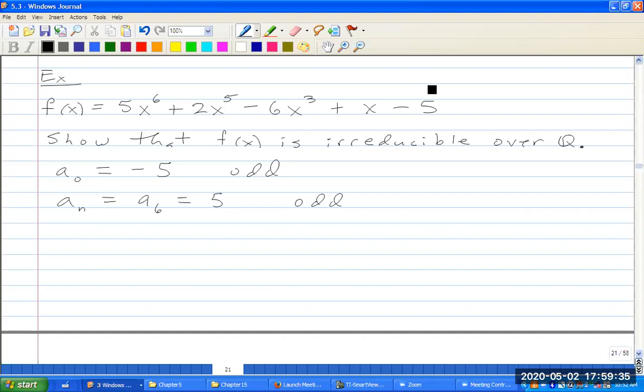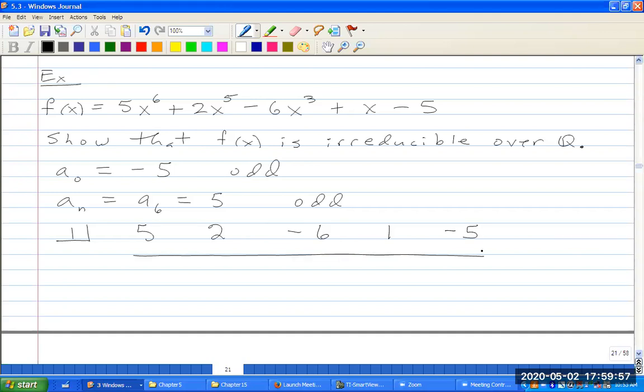So notice that we're just looking at the first and last terms. The first term and the last term are odd. Then lastly, check the value of your polynomial at 1, which can be found by just adding up all the coefficients.